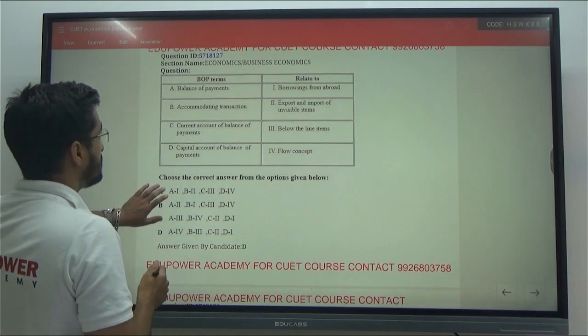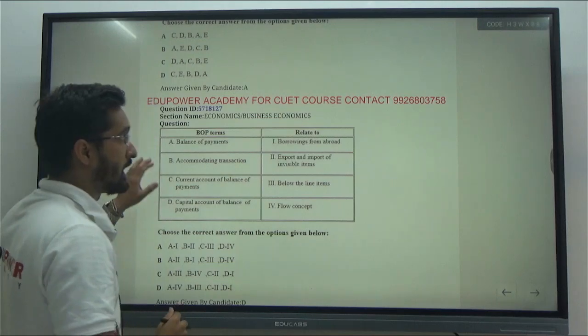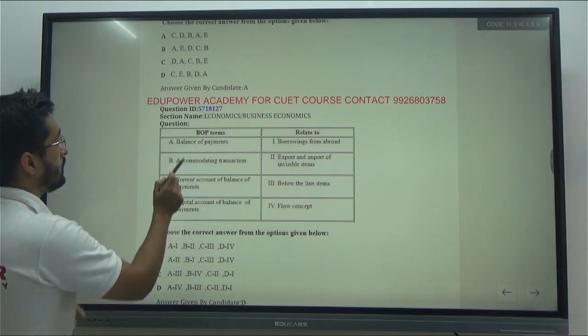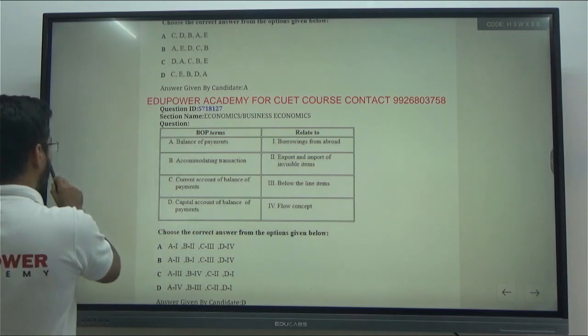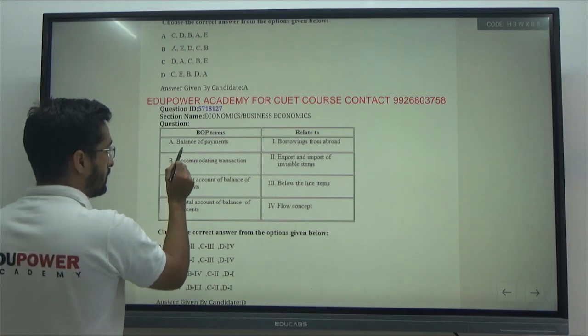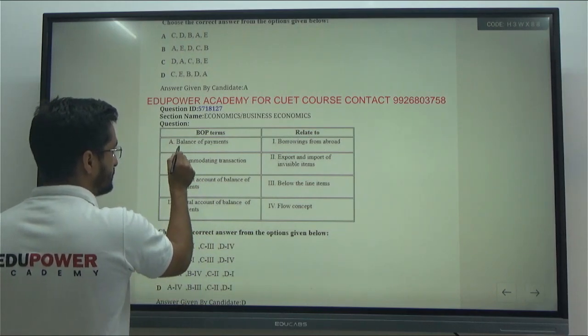Yeah. So, this question you can solve. This is an actual CUET previous year question paper. Now, question number 5718127, balance of payment.